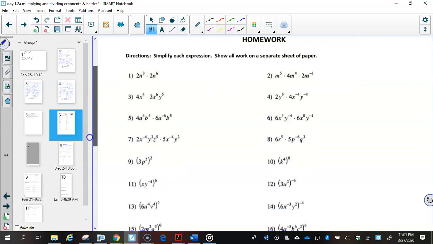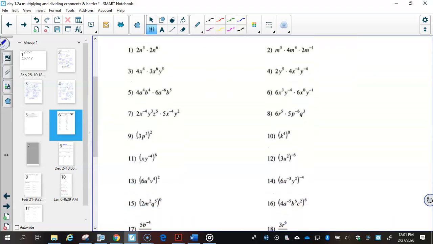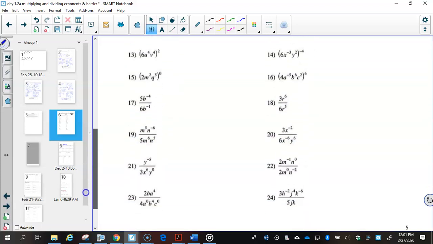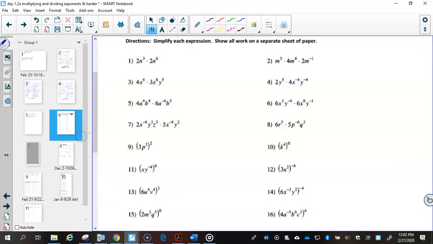Yes, it's a lot. And I want you to try and see how far you can get. If you can get at least one of the columns done before we go, then you won't have homework. I don't want you to do all 24 for homework. I do want you to do one of the columns. If you don't finish one of the columns, that is your homework.